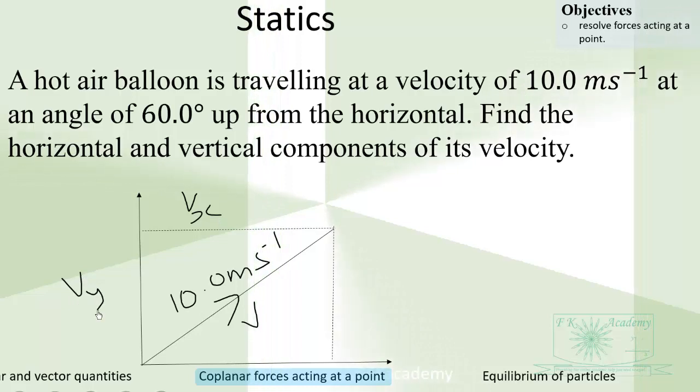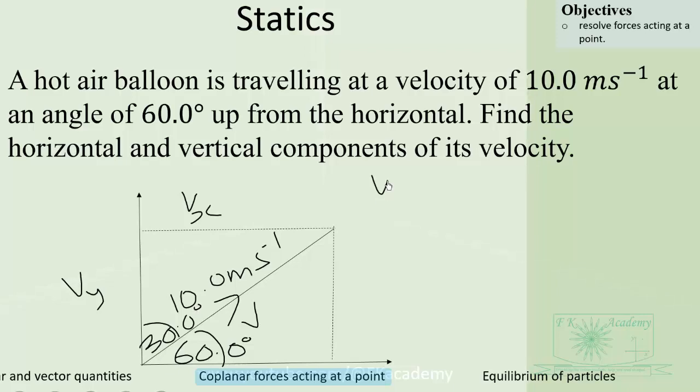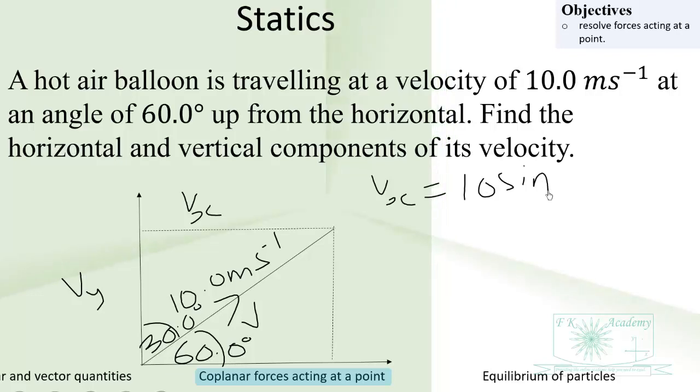So we are trying to find those forces, the horizontal component and the vertical component. And we're given the angle that the angle is 60 degrees up from the horizontal. So this angle is 60.0 degrees. But our theta is the angle here. So that will be 30.0 degrees. So the horizontal component v sub x will be equal to 10 sine 30.0 degrees.